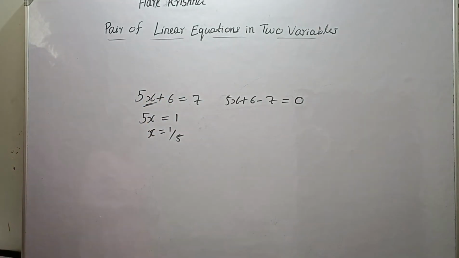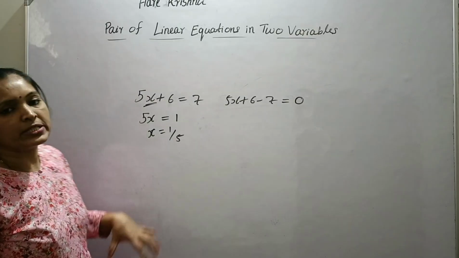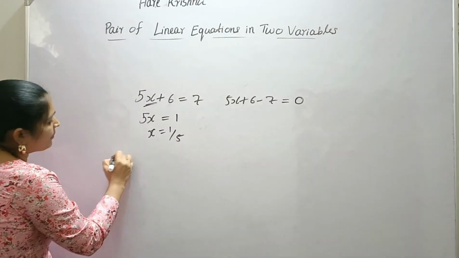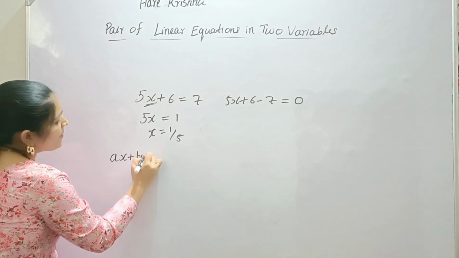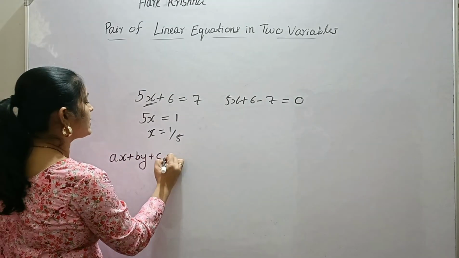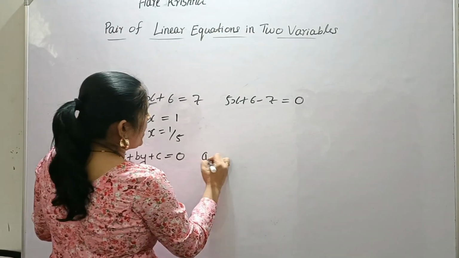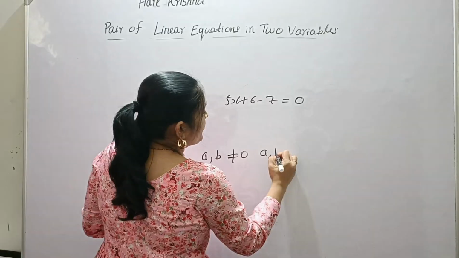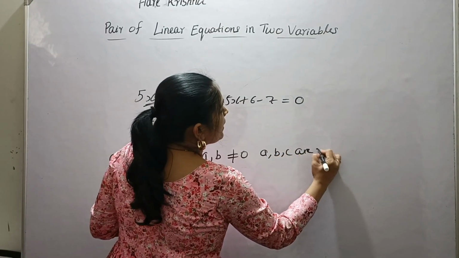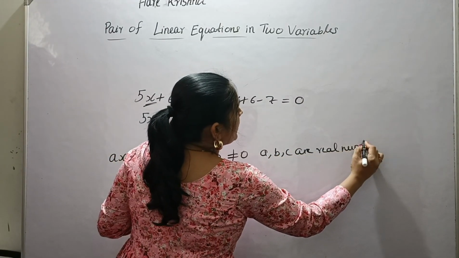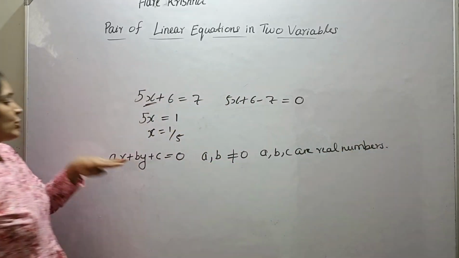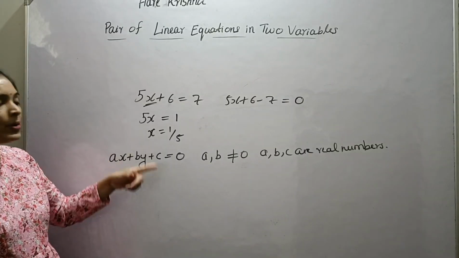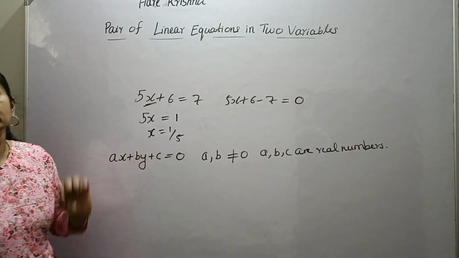Now in this chapter, we will study linear equations in two variables, right? A linear equation in two variables is of the form ax plus by plus c is equal to 0, where a and b are not equal to 0, and a, b, c are real numbers.